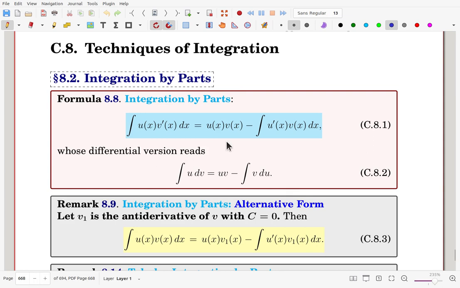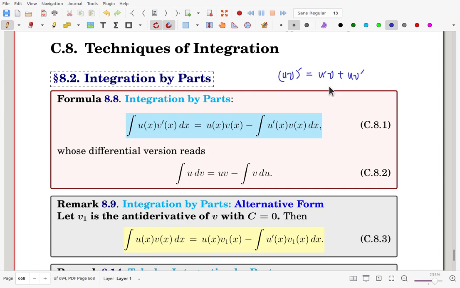That formula can be obtained from the product rule. The derivative of UV is the same as U derivative V plus U V derivative.